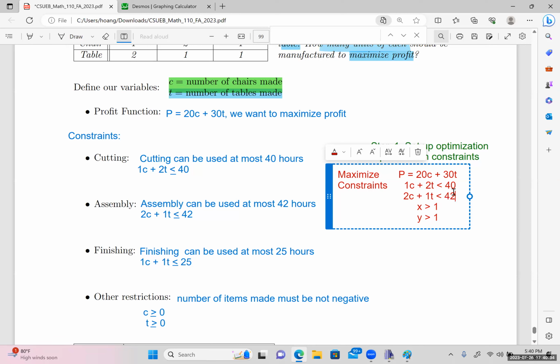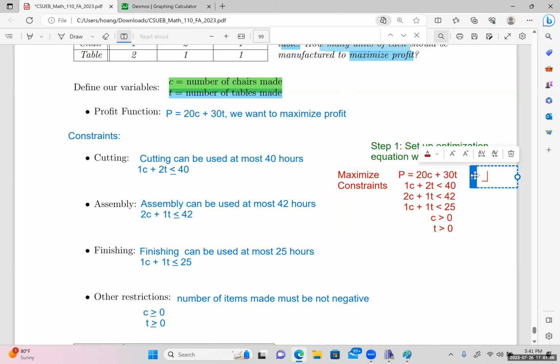I'll put the equal later, right? 1C plus 1T less than or equal to 25. And lastly, C must be greater than or equal to 0. This guy also, T must be greater than or equal to 0. Okay.